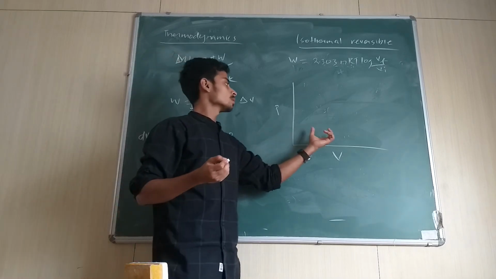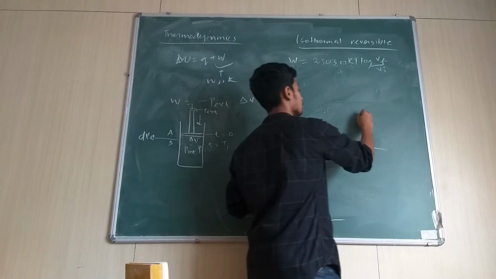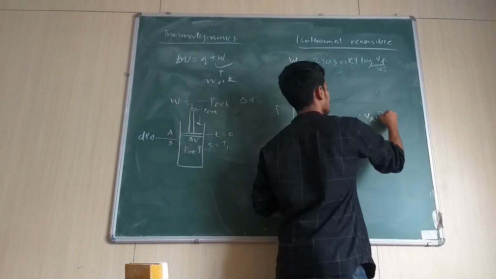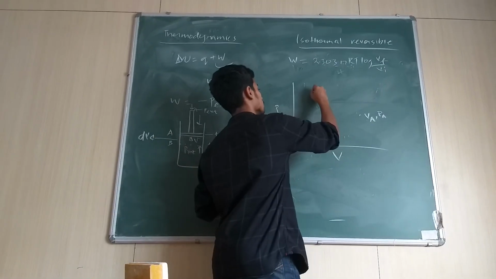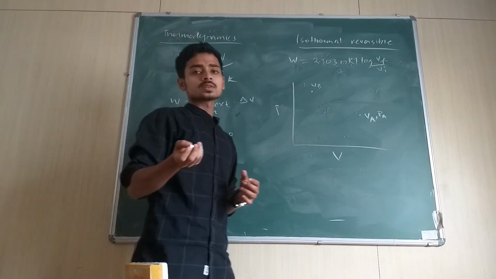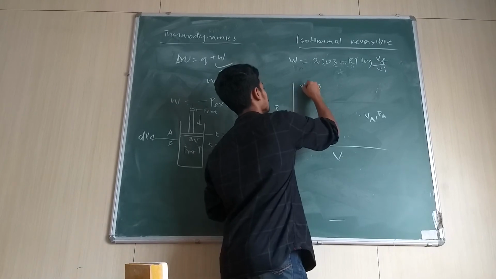So what I do is, my initial volume is VA, initial pressure is PA. Now I am doing compression, so my volume has to reduce, so it will be VB, and since from Boyle's law pressure is inversely proportional to volume, my pressure will increase, it is PB.